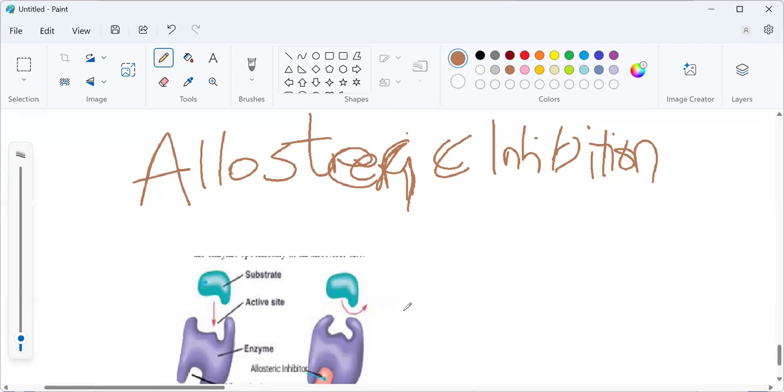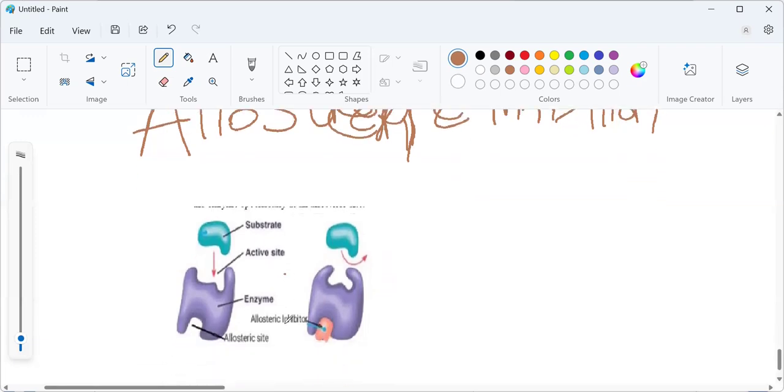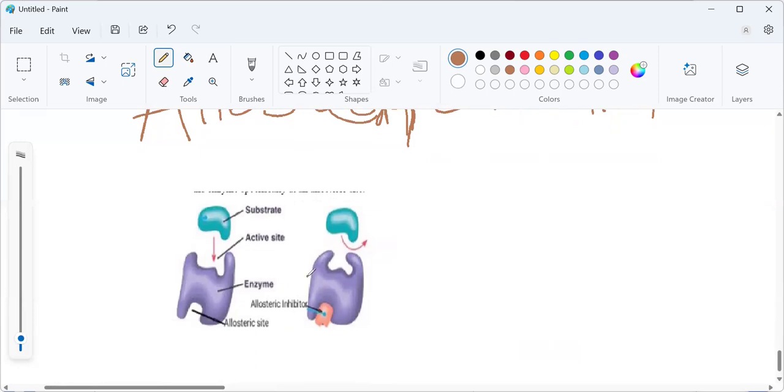So the activity of the enzyme, as we can see here, will decrease. In other words, an allosteric inhibitor is a type of molecule which binds to the enzyme specifically at the allosteric site. This is the allosteric site here. And on this other page, we see the allosteric inhibitor that is binding to the allosteric site here.